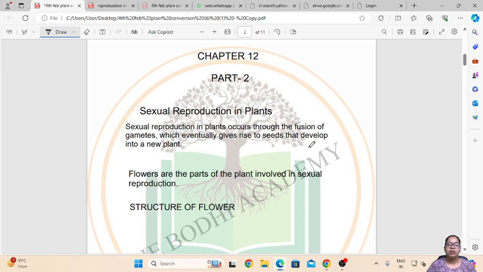In plants, the flower is considered the reproductive part of the plant.